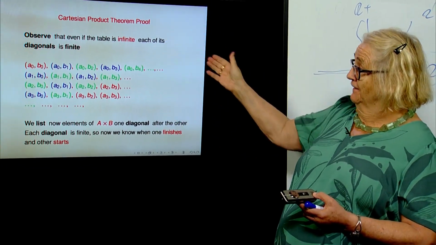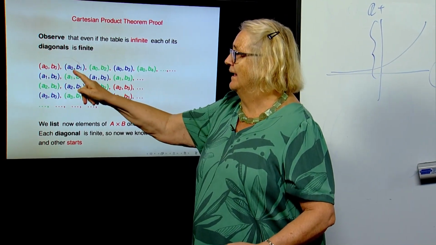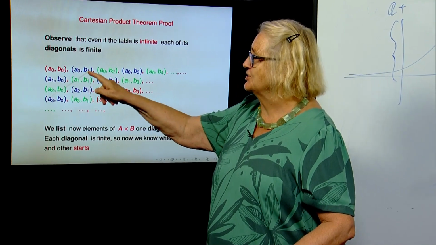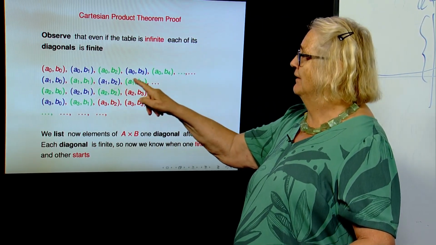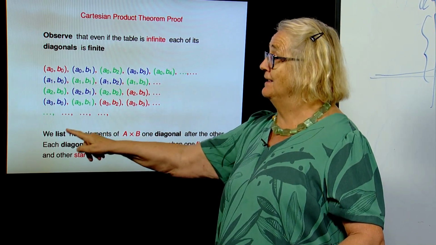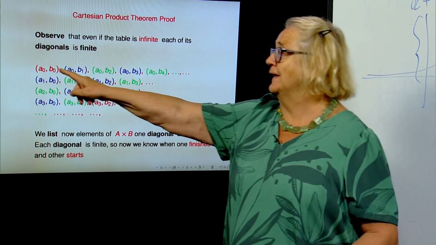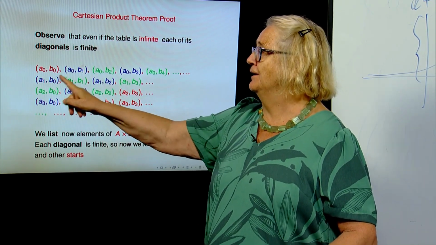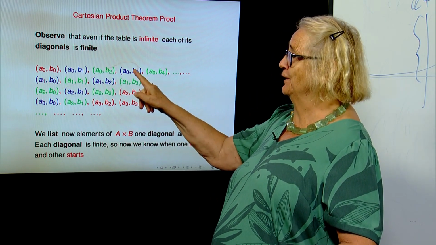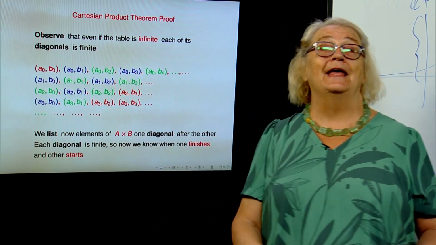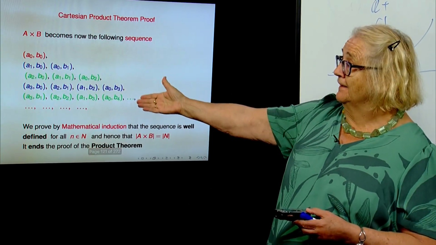So now if you look at that, an infinite table on both sides, you can put them like this. You can string them by the diagonal, you see? And in this way, you can put them in order using those colored diagonals. From here, you go there. This is finite, you go to the next. This is finite, you do the next. This is finite. You can list all elements of the Cartesian product in one list like this.